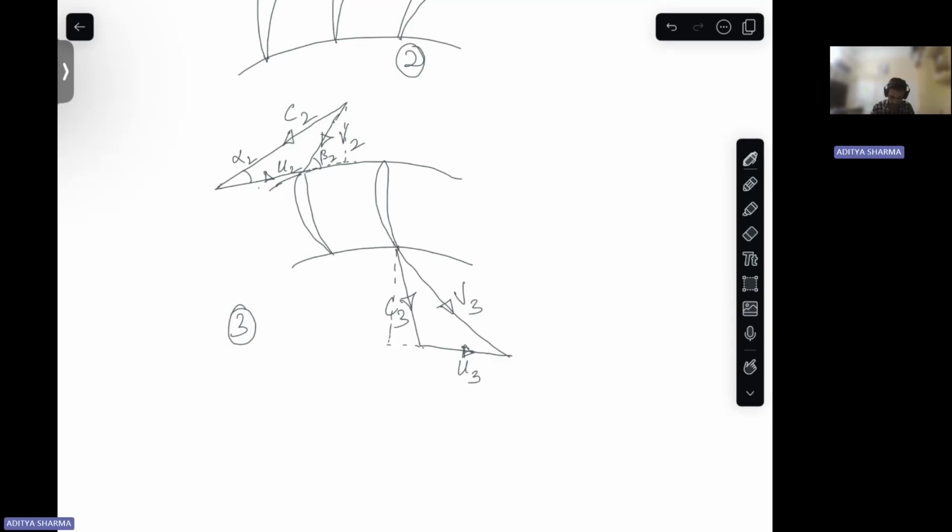If you take the component of your absolute velocity, you have this as tangential. And here this is tangential, CW2. So two velocities are involved: one is your tangential and one is the radial. I have already mentioned this. CR3. Here this is CR2.